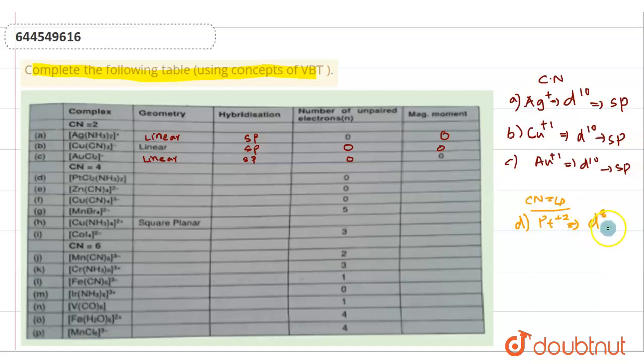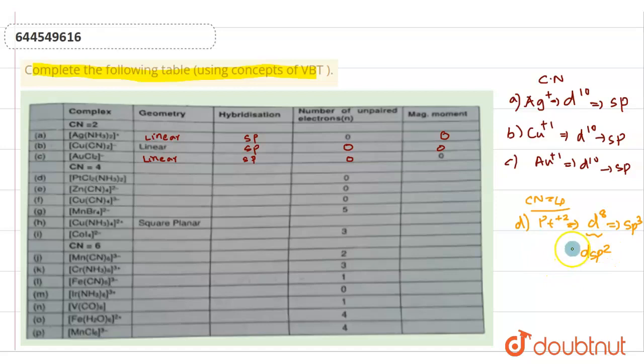A d8 system needs 4 empty hybrid orbitals, so it could have sp3 hybridization, but it is given that it has 0 unpaired electrons. 0 unpaired electrons means the d electrons will be paired, so it will have dsp2 hybridization.